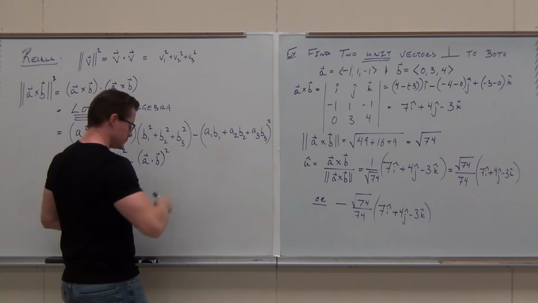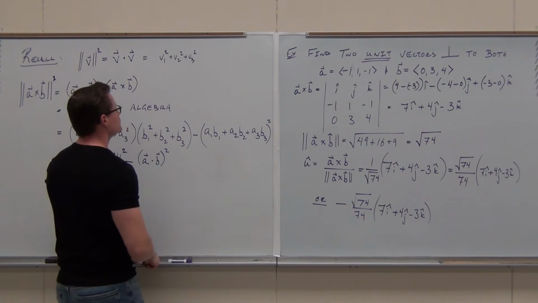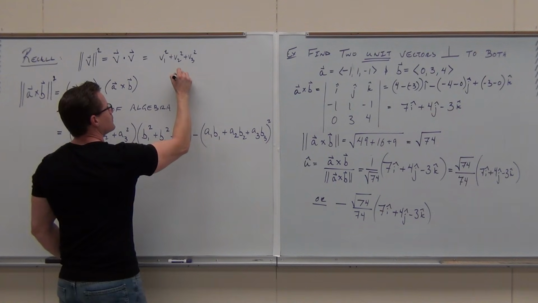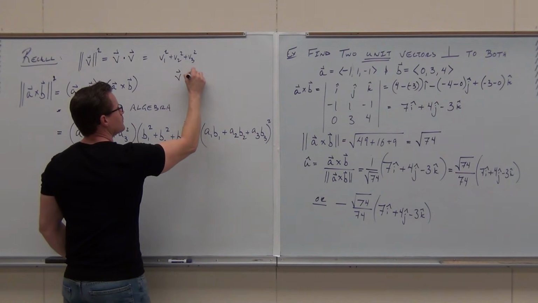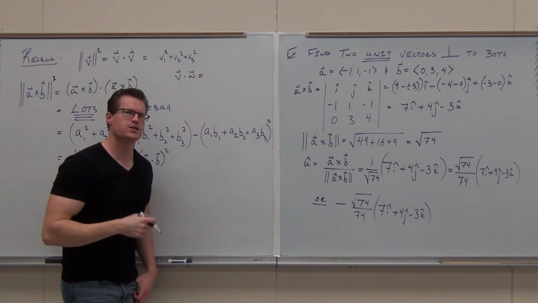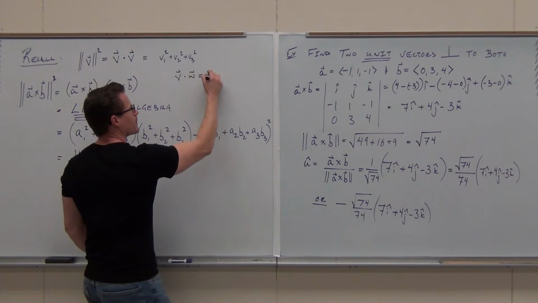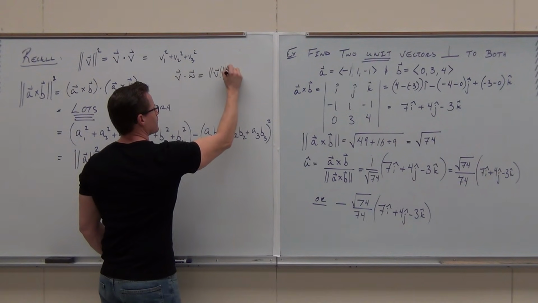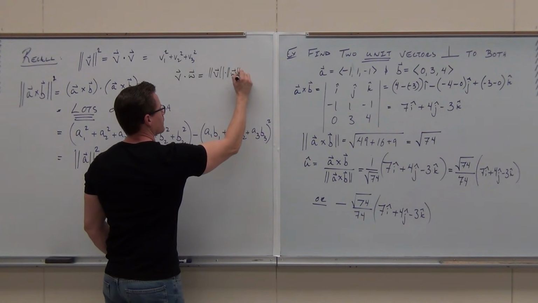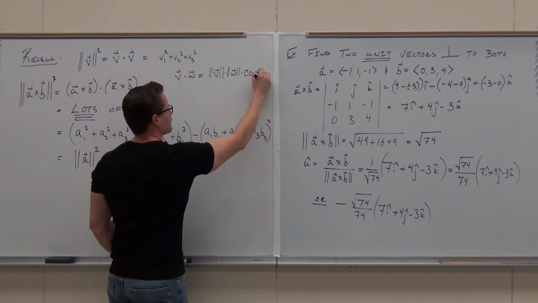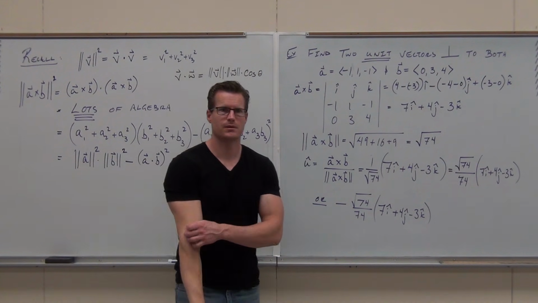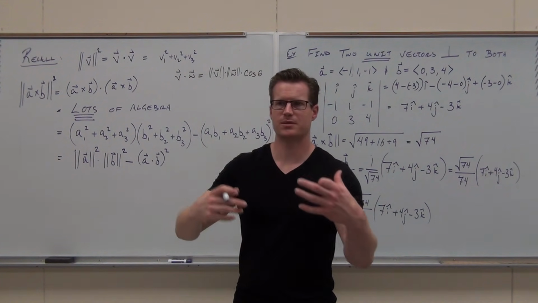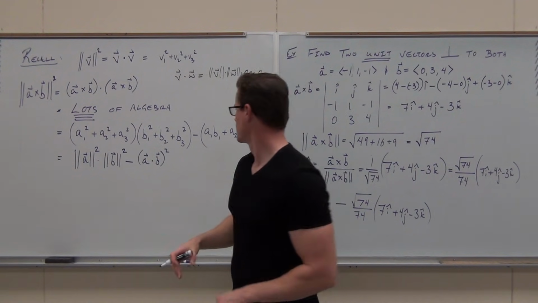Do you recall that one of the ways we could do a dot product was that? We had magnitude times the cosine of the angle between them.